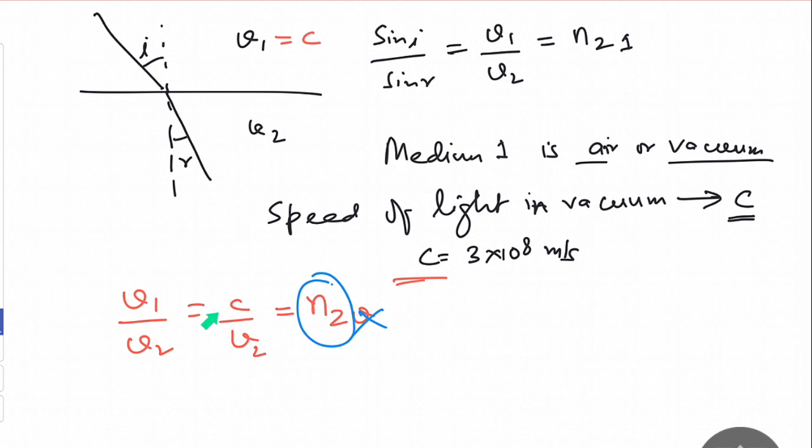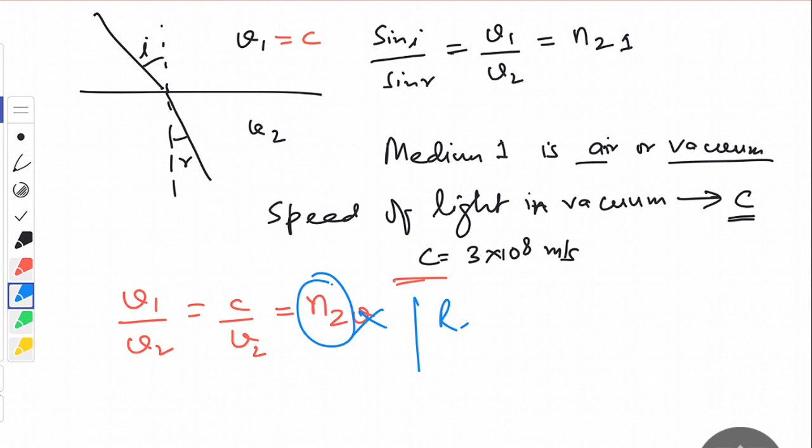So when somebody says the refractive index of some material is, let us say, 1.2, they are not saying refractive index with respect to what. It always means refractive index with respect to vacuum. Okay, so I will just write it here.